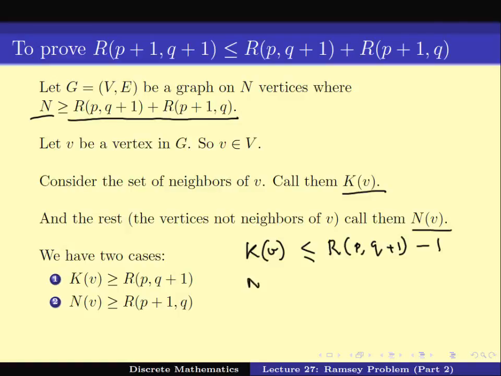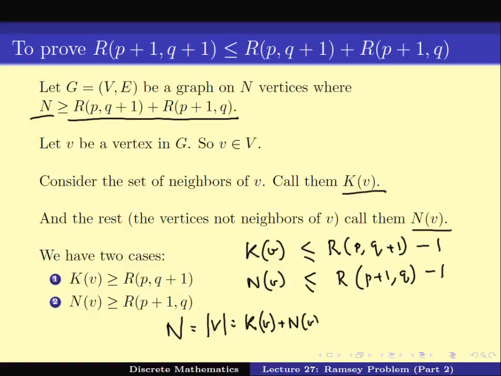Similarly, N_V is less than or equal to R(p+1,q) minus 1. Now, what is the size of the vertex set? This was of course n, which we started with. And it is the neighbors of V plus the vertices which are not neighbors of V plus the vertex itself, which is 1.